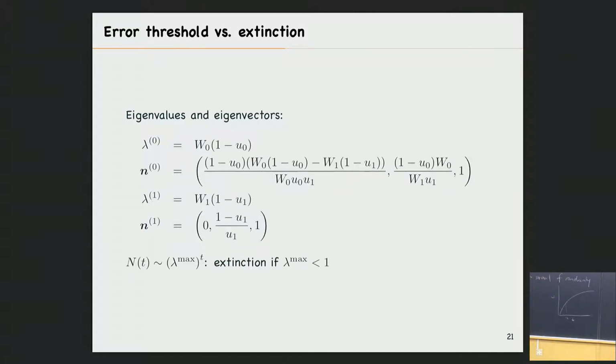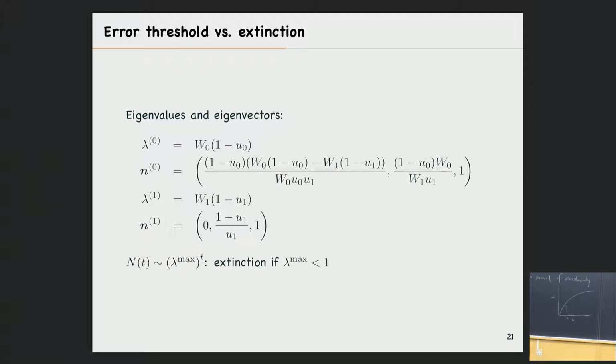Now, you solve the problem for the composition, and again it's essentially the same mechanism that we had before, but now there is an interpretation to the maximal eigenvalue. So the maximal eigenvalue tells us how the size of the population changes with time.